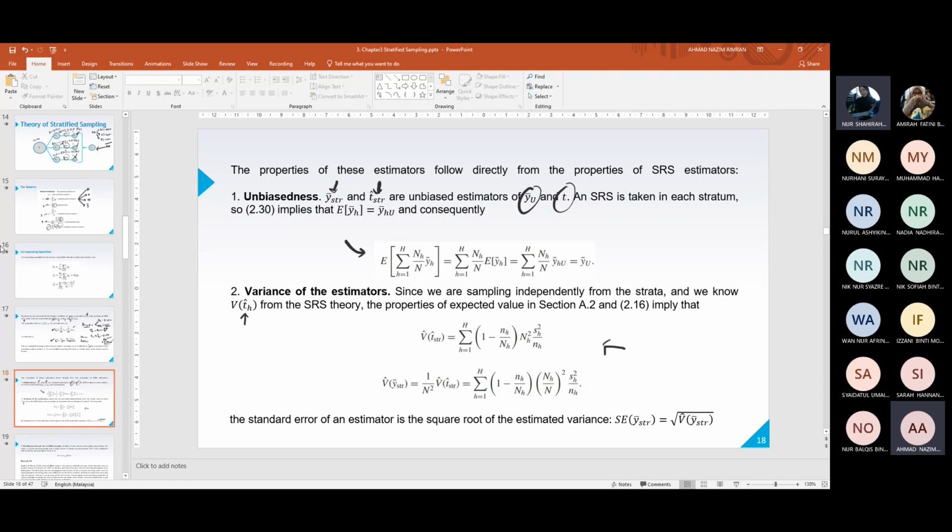But this one is for stratified random sampling; you just extend it from simple random sampling. And the standard error of an estimator is the square root of the estimated variance. Okay, you take the square root of the estimated variance, then you get the standard error of the estimator.